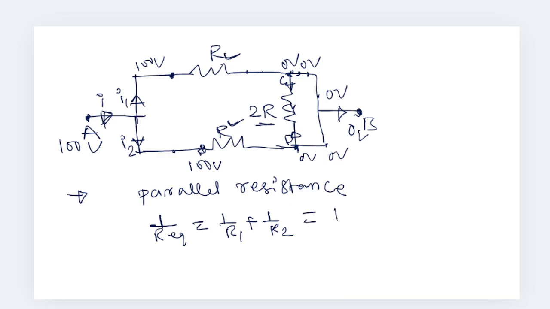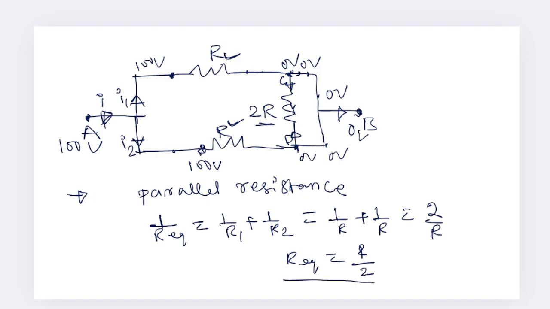Here 1 by R plus 1 by R we can write as 2 by R. Taking the reciprocal, we get R equivalent is equal to R by 2. So the answer is R by 2.